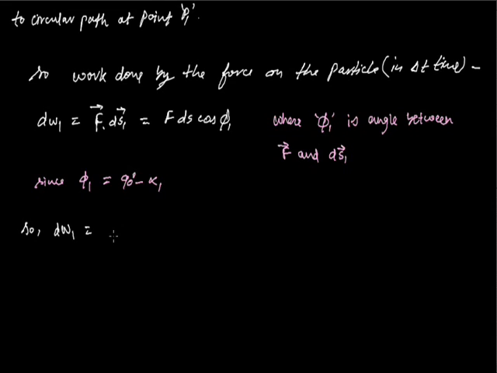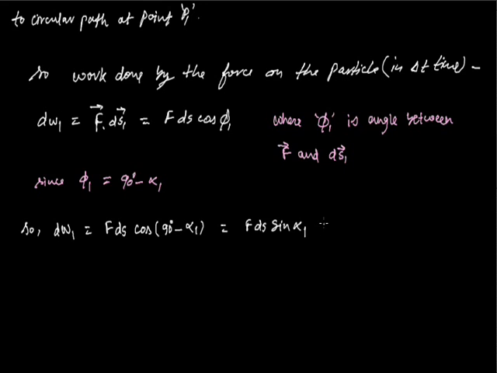So we can put the value of phi 1 in terms of alpha 1 here. So work done is equal to F ds cos(90 degrees minus alpha 1), which equals F ds sin alpha 1.